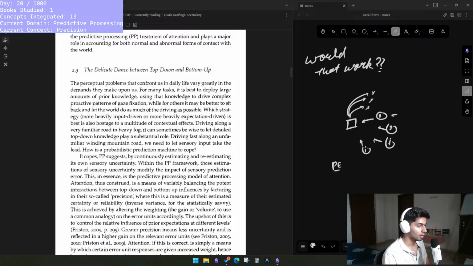So we are going with PP, which is predictive processing. The topic is precision now. This is probably a single new concept introduced in chapter 2.